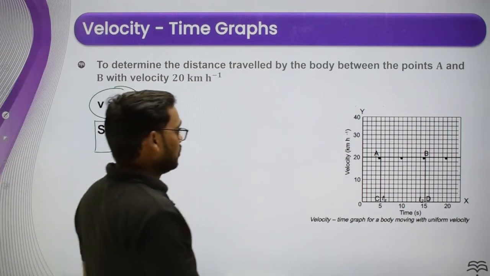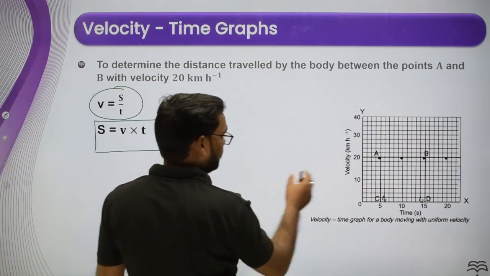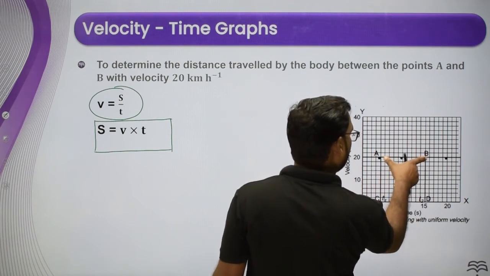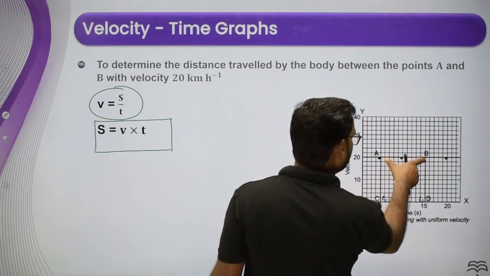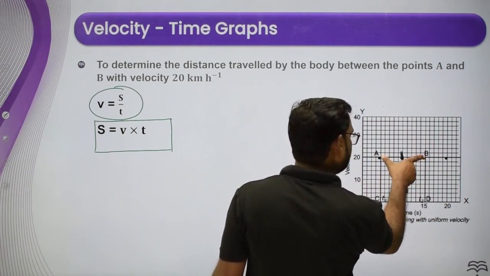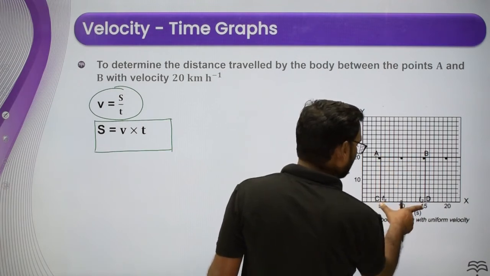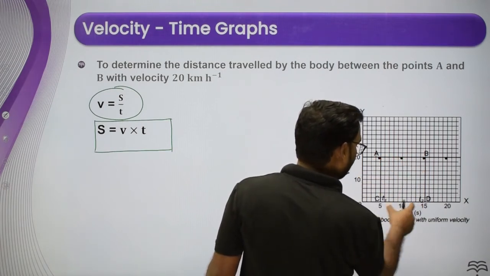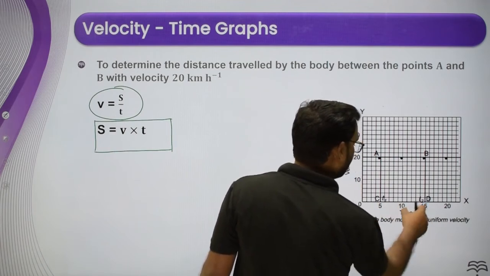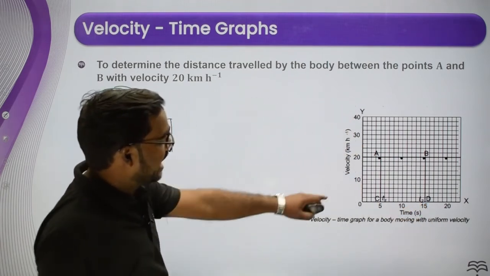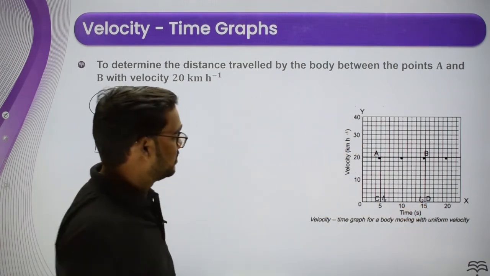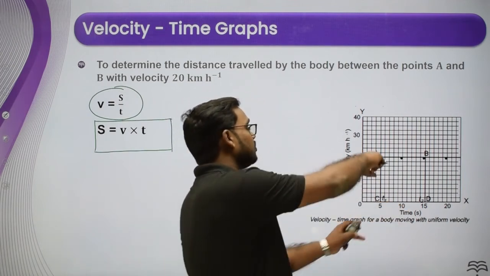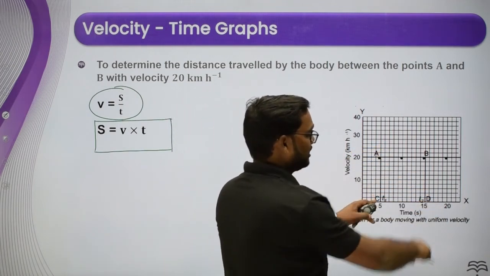This is the 20 unit, and you need to multiply it with the time. To travel from A to B, the time taken by the particle is 15 minus 5, which is equal to 10. So this is your speed and this is your time.